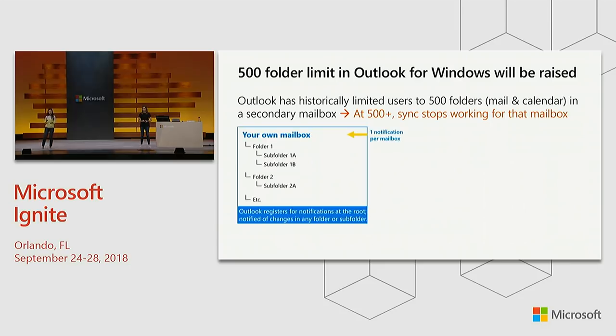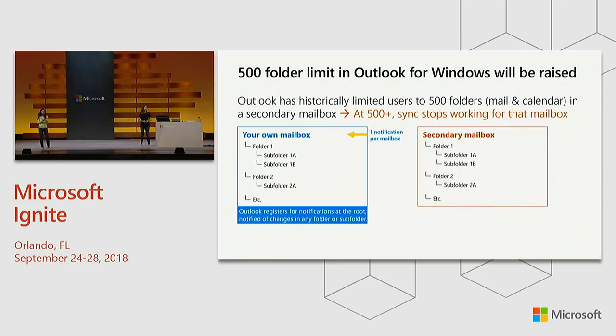For your own mailbox, Outlook is able to register for a single notification at the root of that mailbox and get notified whenever there are new messages in any of the folders or subfolders of that mailbox. For a secondary mailbox, and I just want to clarify, this is maybe a mailbox that you have auto-mapped into your account, or a mailbox that you actually go into account settings and do Open Additional Mailbox. This is what we mean by a secondary mailbox.